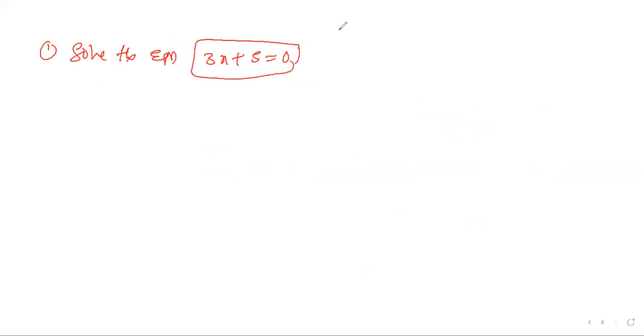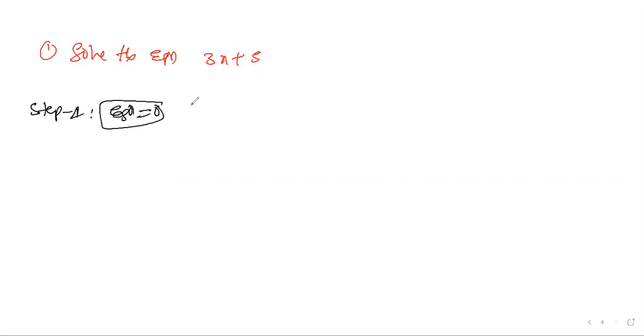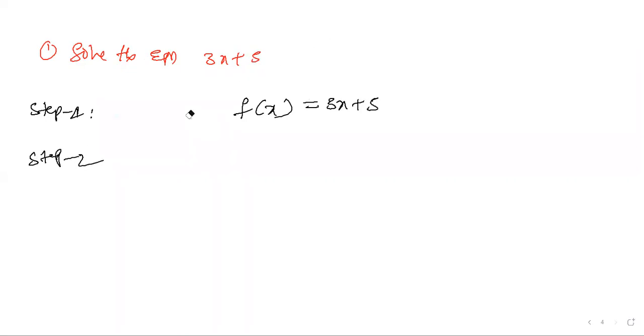Or sometimes they mention just 3x plus 5 only. Whatever they mention, first you take the equation. Step number 1: take the equation as f of x. Step number 2: equate f of x to 0.